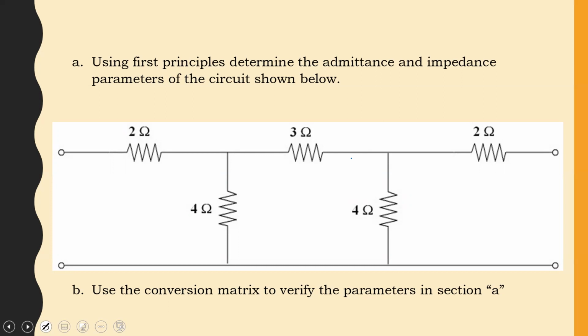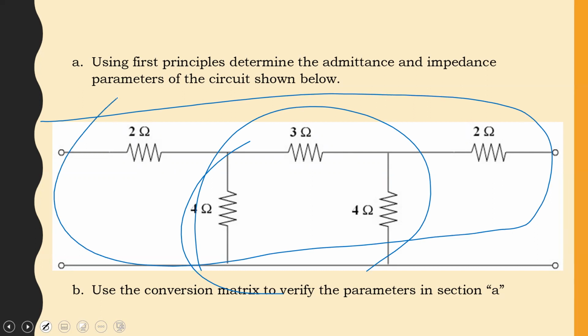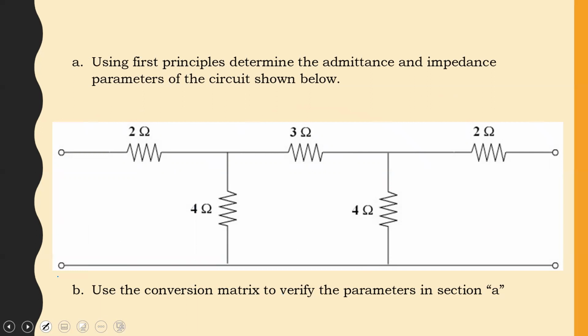Sir, when it says from first principles, is that the process to develop the matrix? You have to find the relationship between V1 and I1, V2 and I2, V1 and I2, etc. Yes, okay. So what we did for the little pi network, you're not going to do it for all that we have here. Understood? Yes, sir.